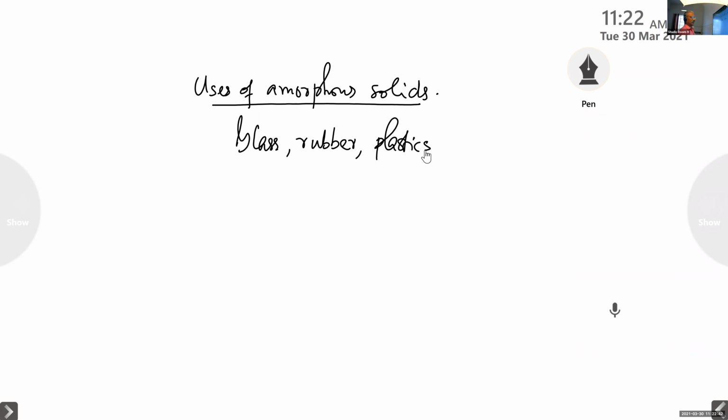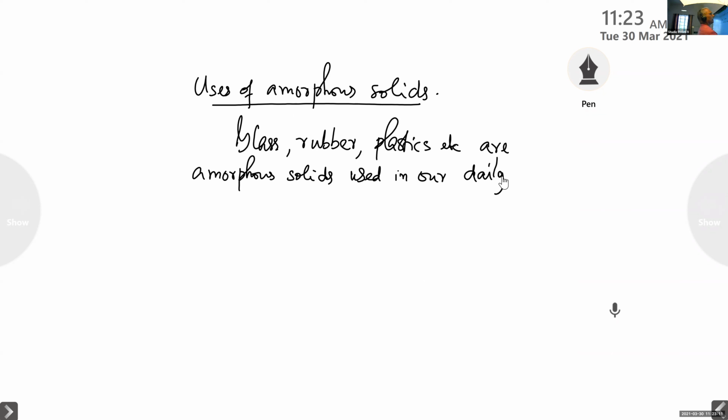We can expect this here. Okay. Glass, rubber, plastics, etc. are amorphous solids. Amorphous solids used in our daily life.